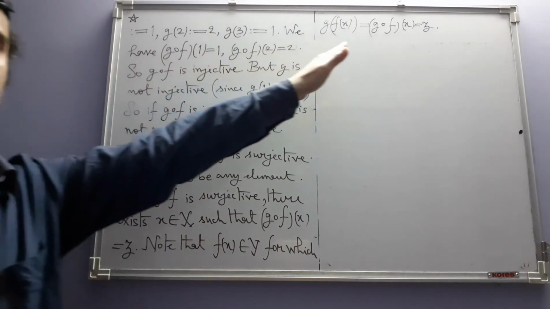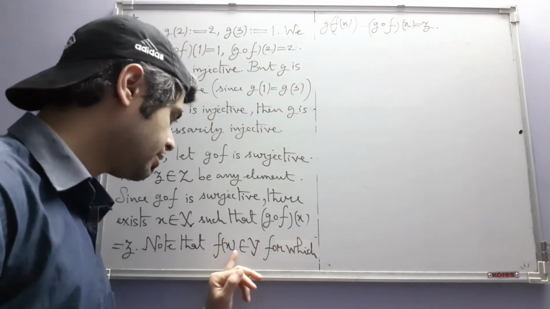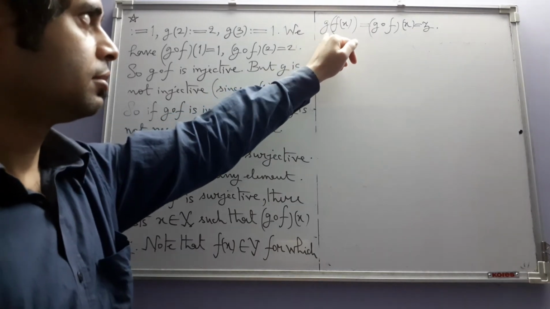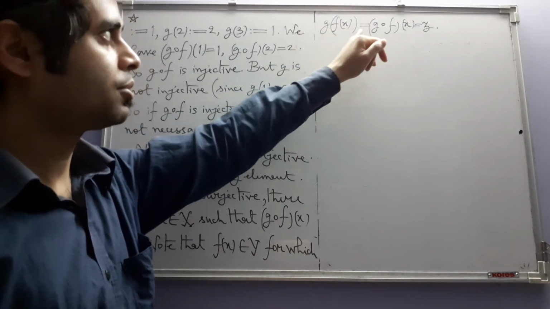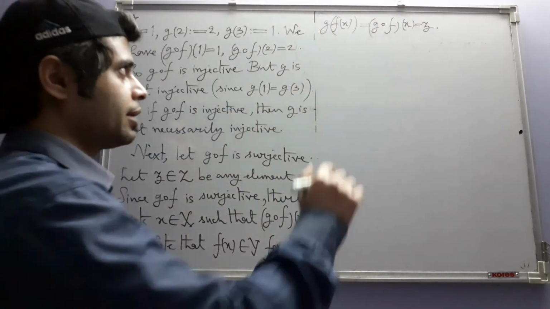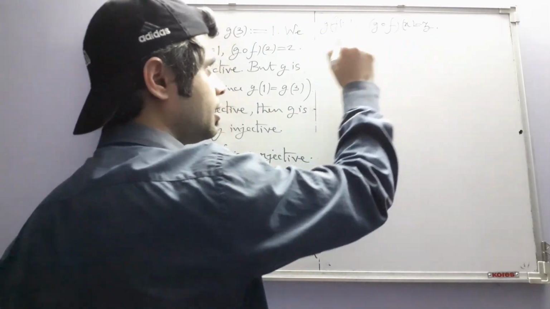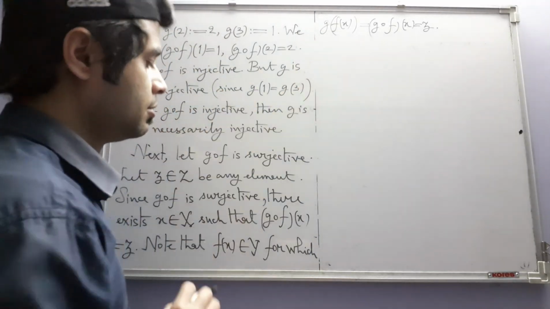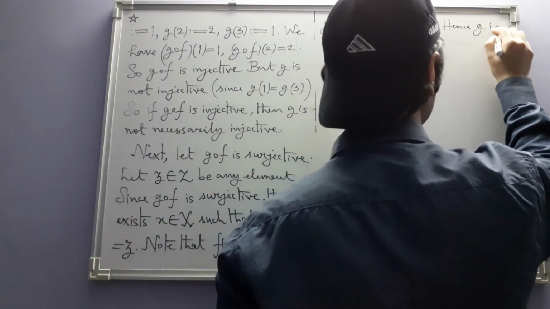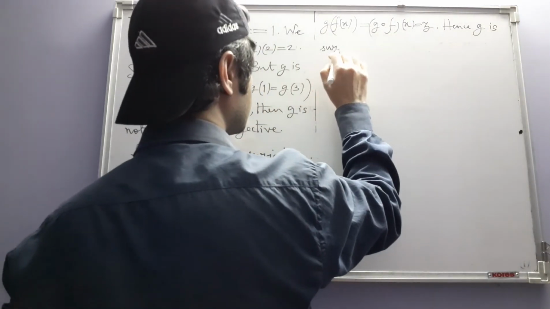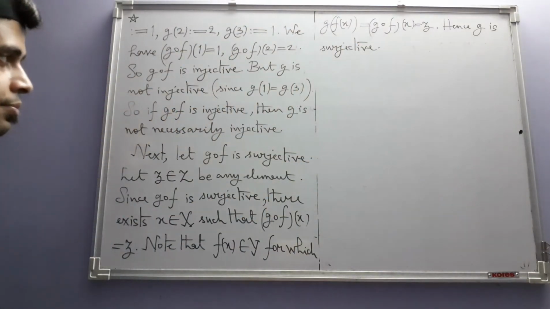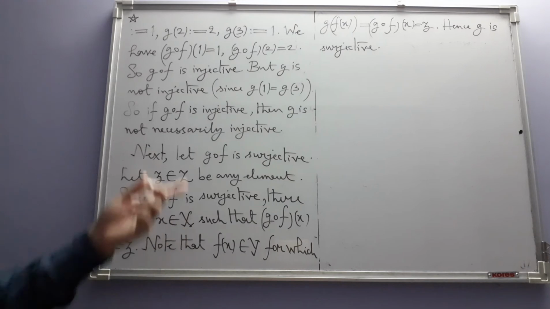So what have we got here? We have obtained an element in Y, which is the domain of G, and that element is mapped onto Z by G, and that's what we were seeking. We were trying to find an input for which Z is the output. Under what function? Under G. So that's why, hence, G is surjective.